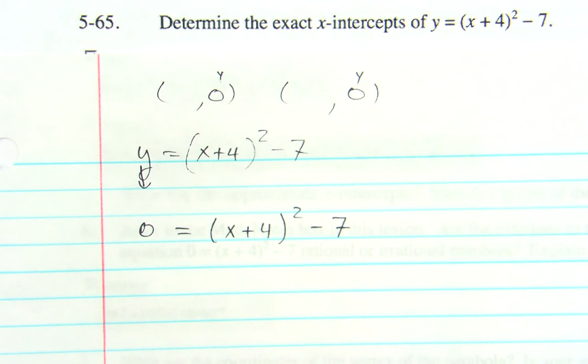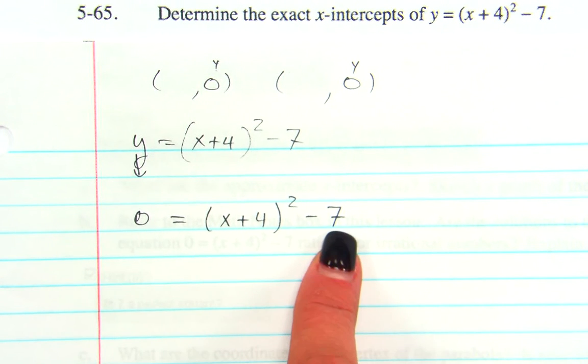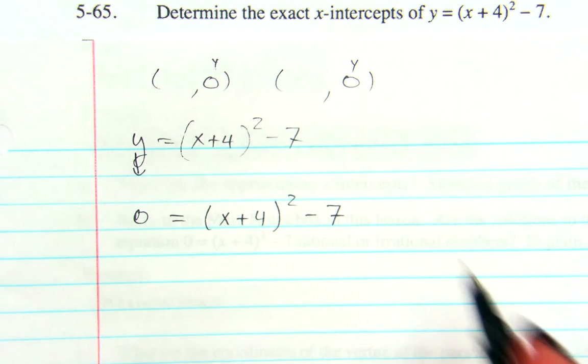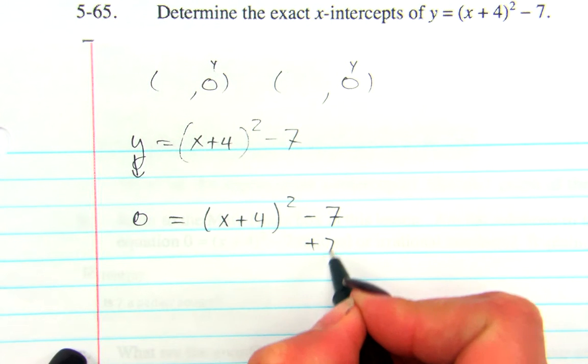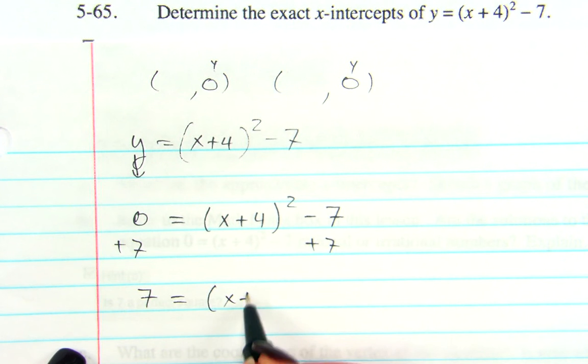So we can't say anything yet until it's in standard form, with the quantity squared and then just the number. We can't have any other numbers tagging along. In order to change the balance of the equation, we're going to add 7 here and add 7 here. That gives us a 0 pair, so now 7 is equal to (x plus 4) squared.